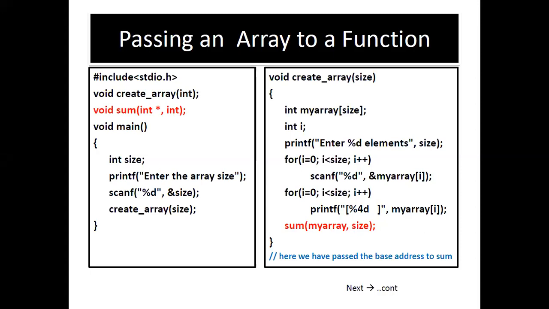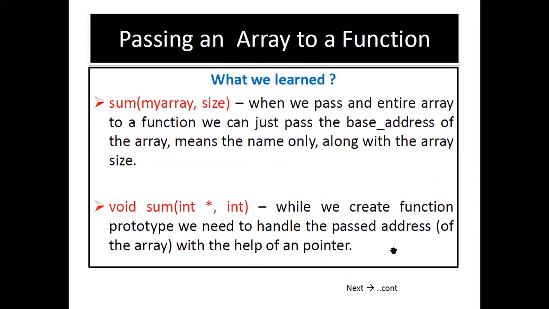And then we'll see the function definition, which is sum, and we need to define it taking the array and the size. So let's go to the next code. Before that, a quick review of what we learned. When we pass an entire array to a function, we can just pass the base address of the array, meaning the name only, along with the array size.